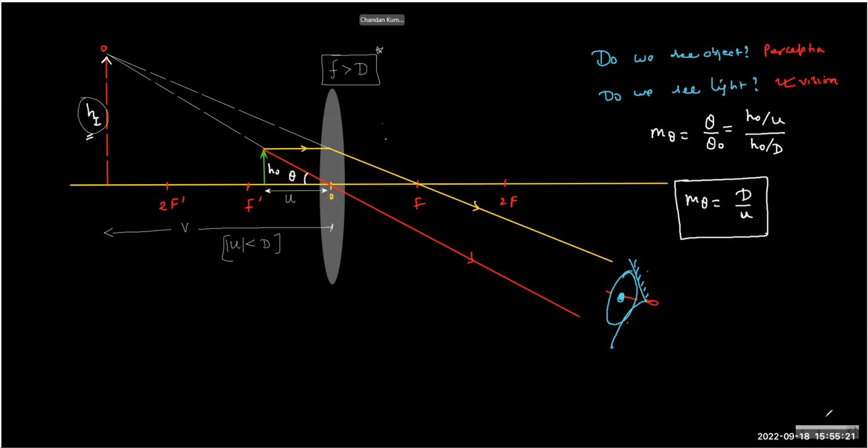Now the question is, we have to go for two different things. So we have something called types of vision. And why do we talk about the types of vision?